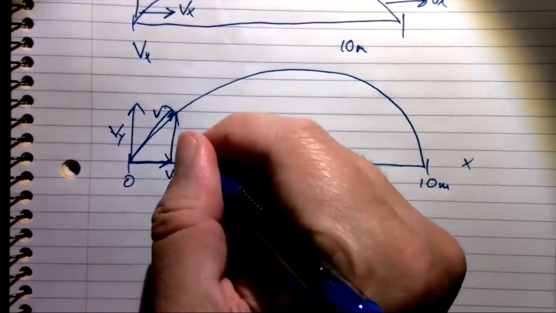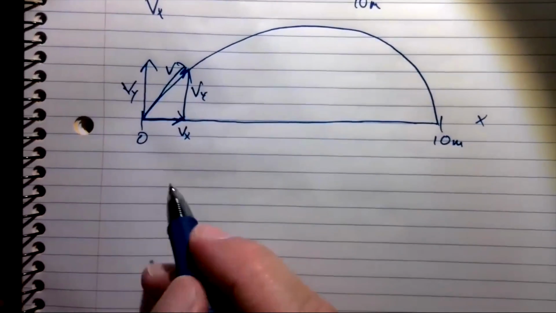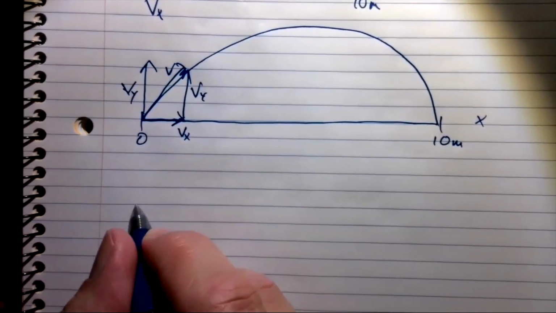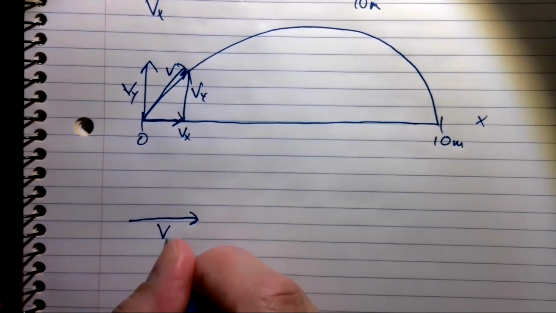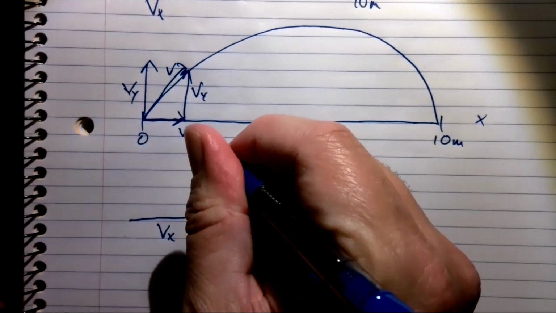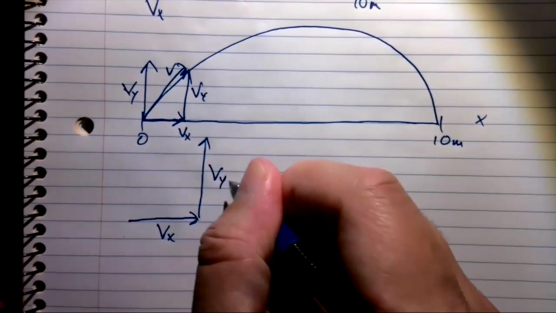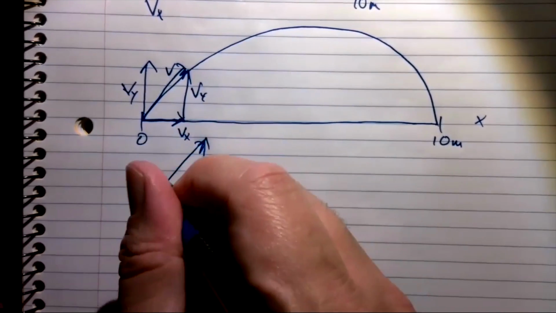We can move our vectors end to end. So Vy will be right there. And then I'm going to draw those two vectors separately. Here is Vx, and Vy is going to be over here. This is Vy0.